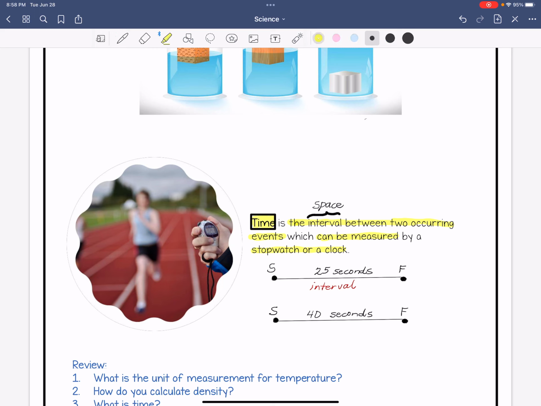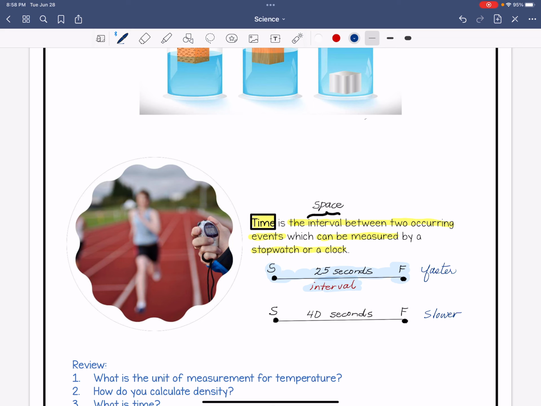Well, it's going to be this person who is running fastest, because that person needed less time to cover that interval. So if this is a race, this is the winner. This person is faster, and this person is slower.